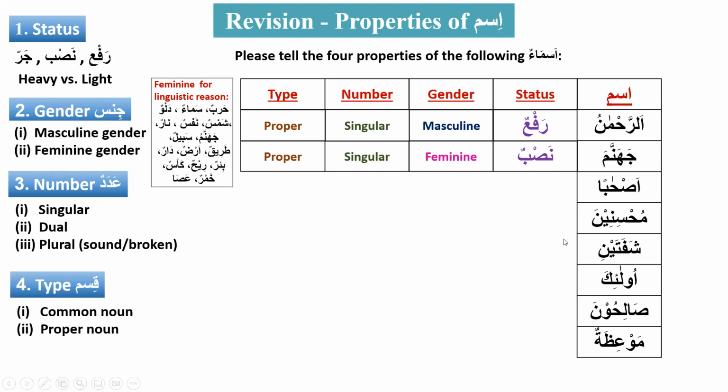The status is nasab. How did you determine its status? I think it's a broken plural and we treat it as a singular. Yes, we treat it as a singular when determining status. So you're right, it is correct.